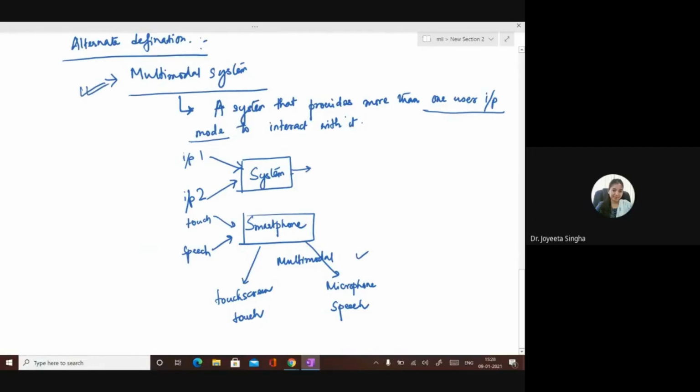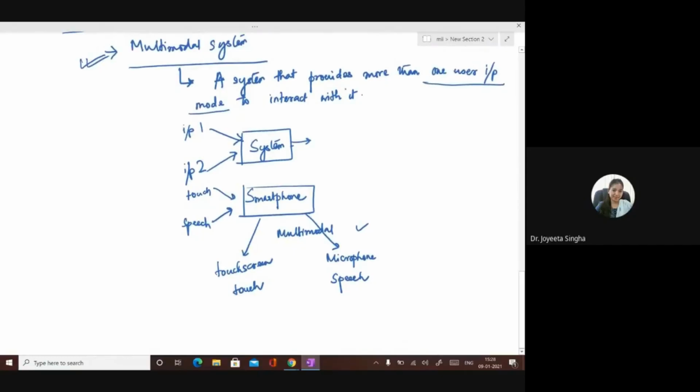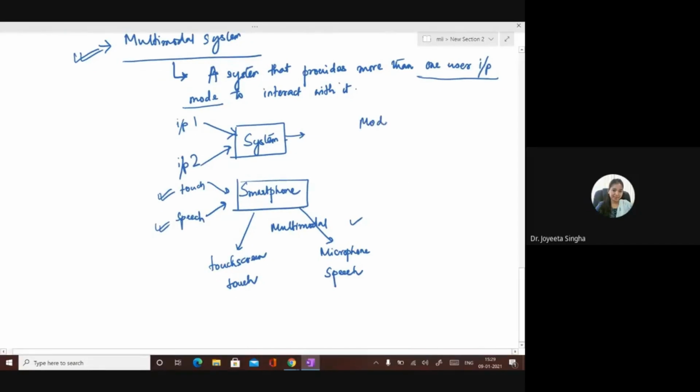This will distinguish different systems into multimodal and multimedia. Say for example your old televisions: you just need to use your remote and switch on the TV. The input is just to switch on, so it does not have any modality as an input. Here you can see multiple modalities as input, that is touch, speech, and so on. Similarly, the alternate definition of unimodality is a system that provides one user input mode to interact.